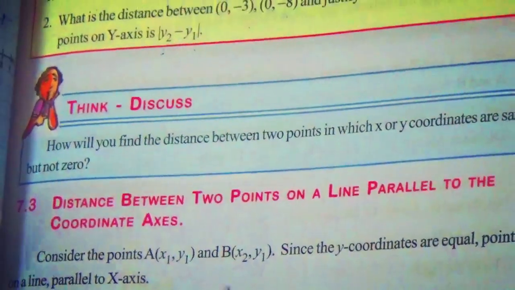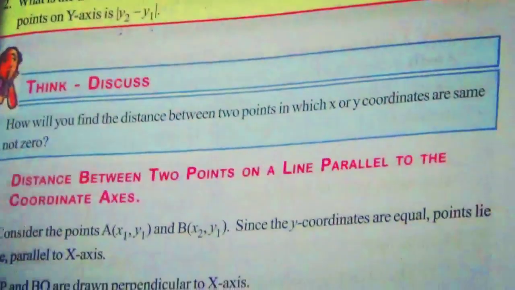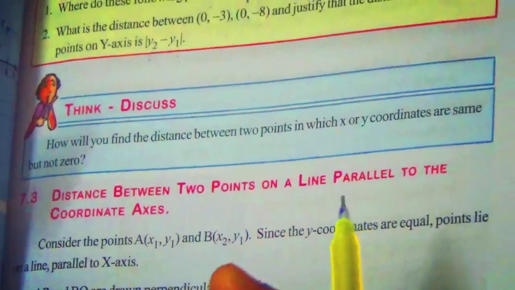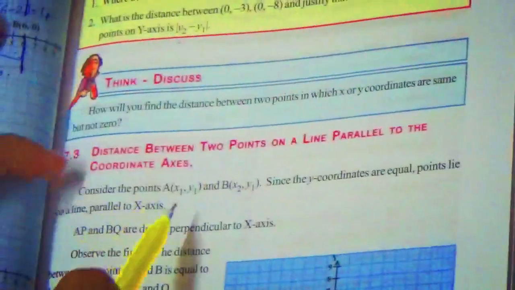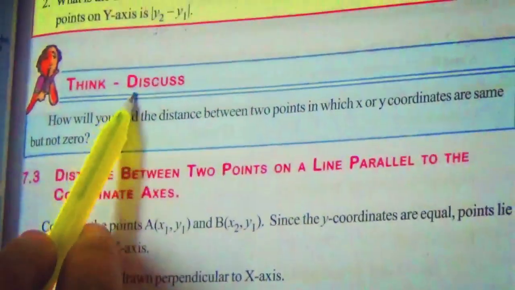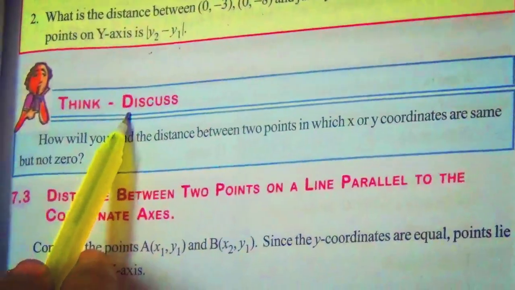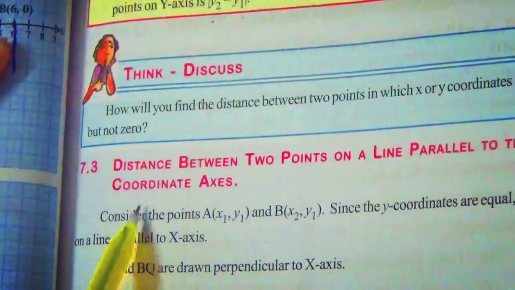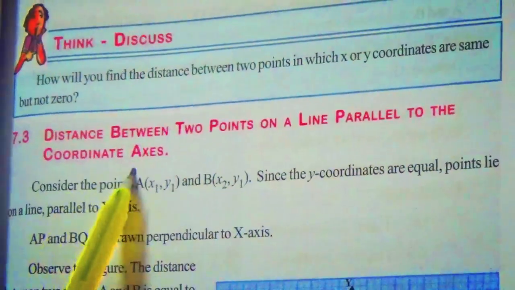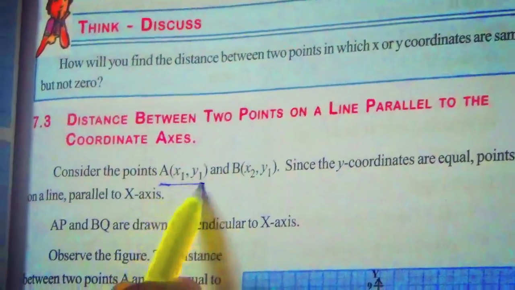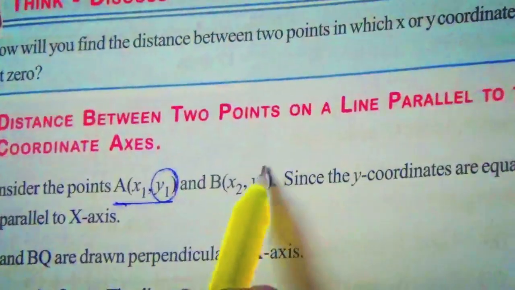If suppose y coordinates are same but not 0, then what is the formula? Right? So I am giving one example to you. Before writing this think and discuss, you just look at this: the distance between the 2 points on a line parallel to the coordinate axis. If the points are here, the y coordinates are same.